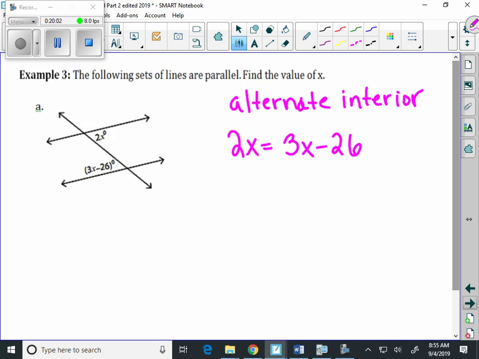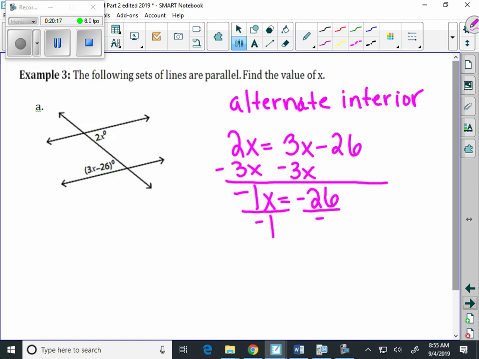Solve it the way your Algebra 1 teacher taught you. I'm going to move the letter to the left. So negative 1x equals negative 26. Then we're going to divide both sides by negative 1. So x equals positive 26.